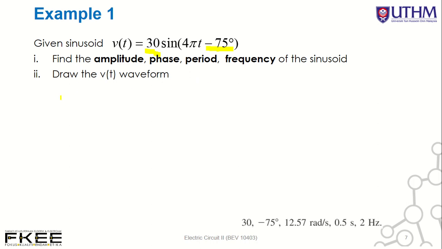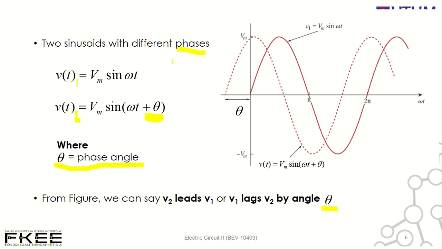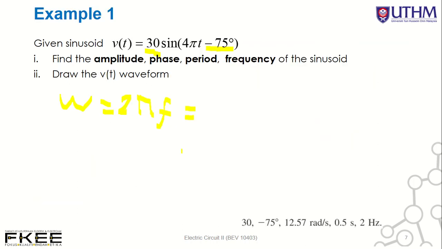Where is omega? Omega equals 2 pi f. In this case, the standard function is sine omega t, so your omega equals 4 pi.